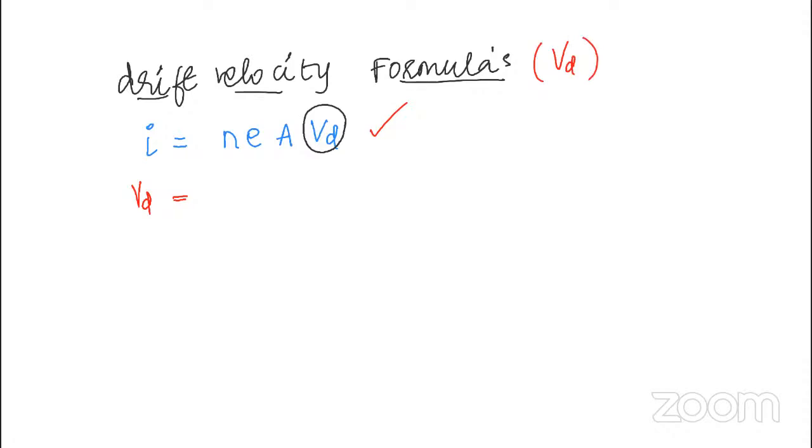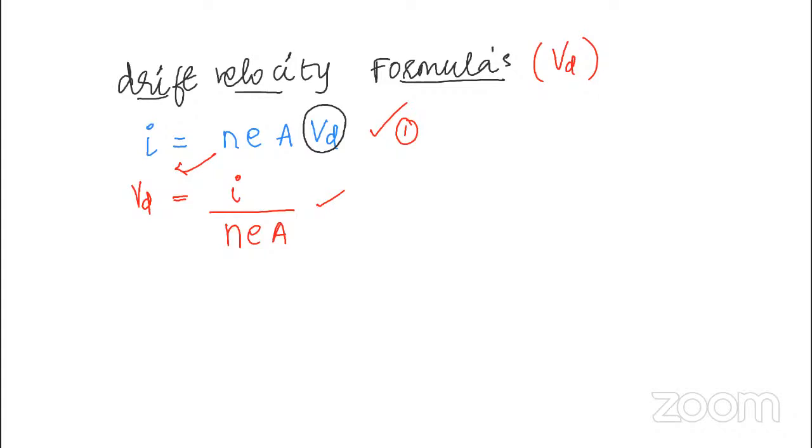So Vd is represented by I divided by n e A. So from the first expression we calculate the value of Vd. This is one form.